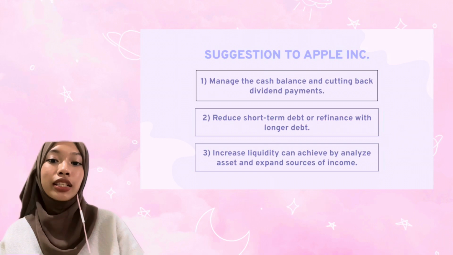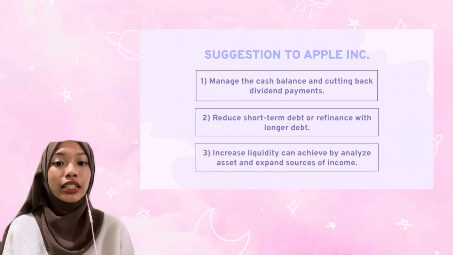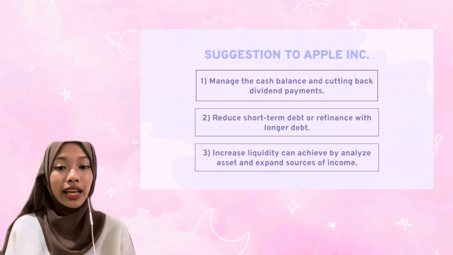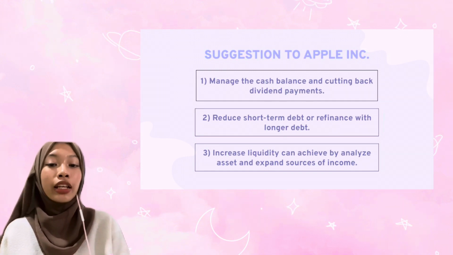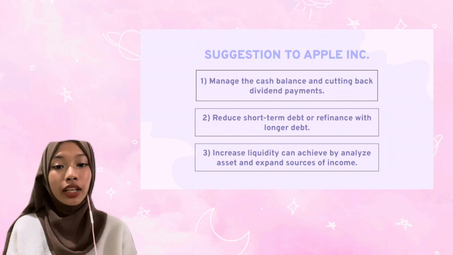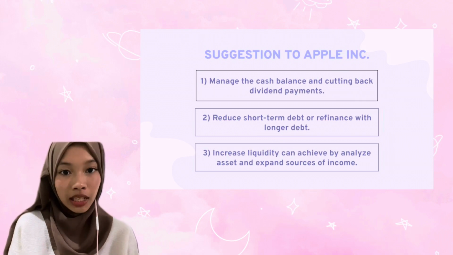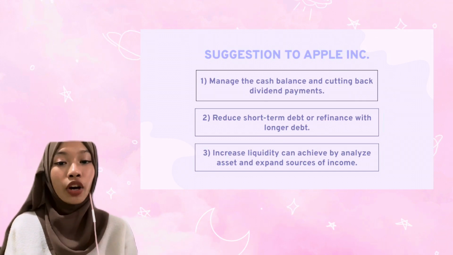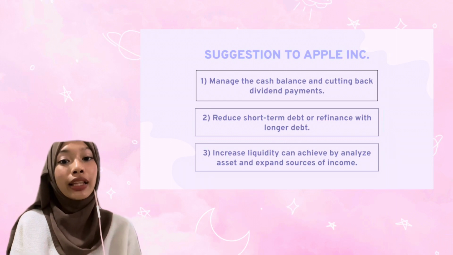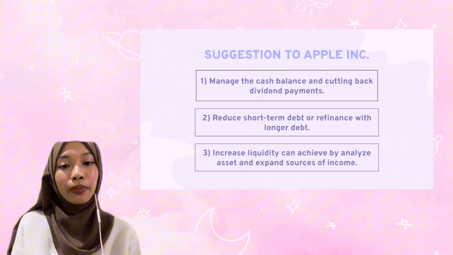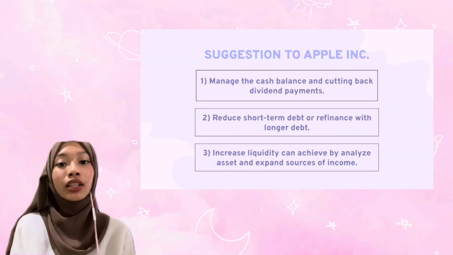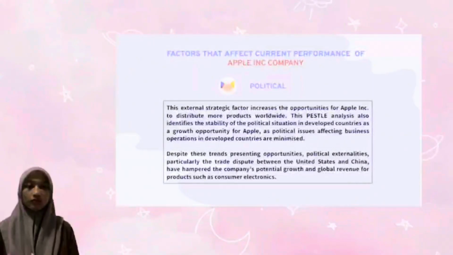Additionally, increasing liquidity can be achieved by carefully analyzing assets and expenditure of income. Apple may improve its asset test ratio and satisfy short-term financial obligations while maintaining its overall financial health by putting these steps into action while keeping its long-term objective in mind.